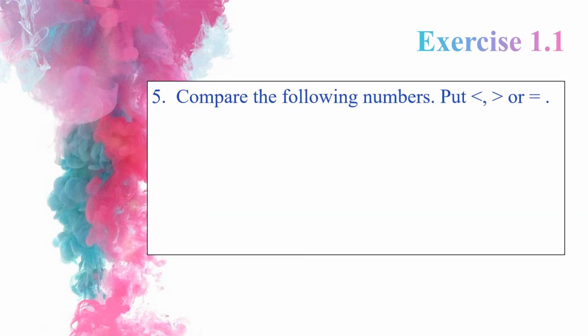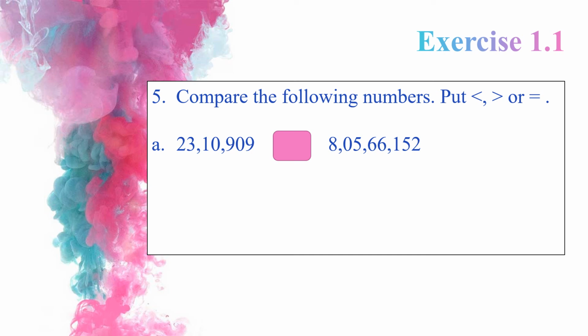The next question, compare the following numbers and put the greater than, less than or equal to symbol. First question, 23 lakh 10,909. On the right side, we have 8 crore 5 lakh 66,152.